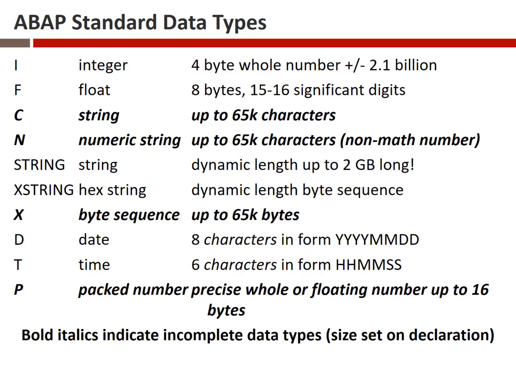Well, that's really problematic for us in the context of an ERP system where we do a lot of handling money. So what a packed number allows us to do is say, I want a number of a certain length. I want this many digits to be to the left of the decimal sign. I want this many digits to be to the right of the decimal sign. And interestingly enough, when the system does math using packed numbers, ABAP does the math as opposed to passing it off to the CPU's math calculation engine.